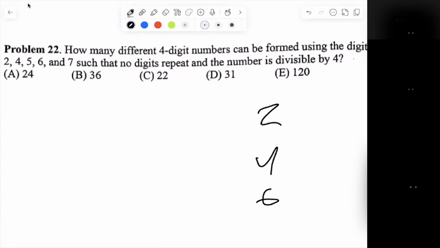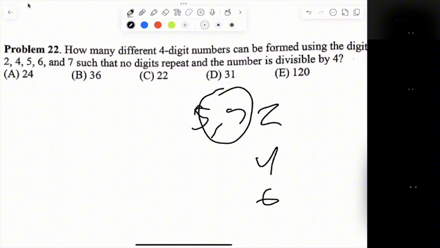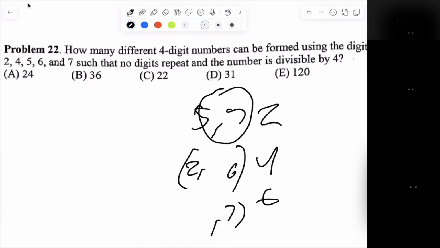For 2, there are going to be two possible integers, 7 and 5. For 4, there are going to be three possible integers, namely 2, 4, 6. But since 4 cannot repeat, we must have only 2. For 6, the only possible integers are 7 and 5.